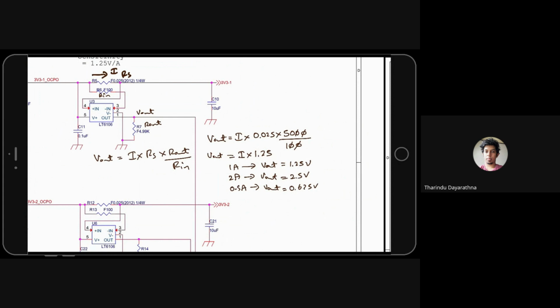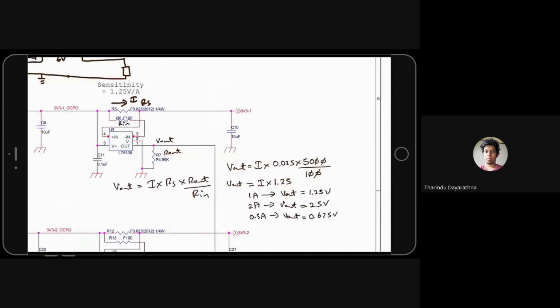So you can see the sensitivity of the current: if 1 ampere goes, it will show 1.25 volt. Very simple. And then again we will do some filtering and give power to the system. That's how we give power. Very simple.